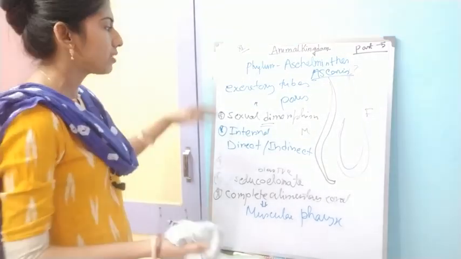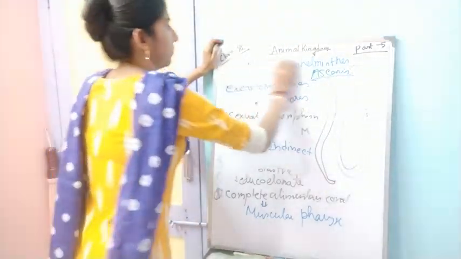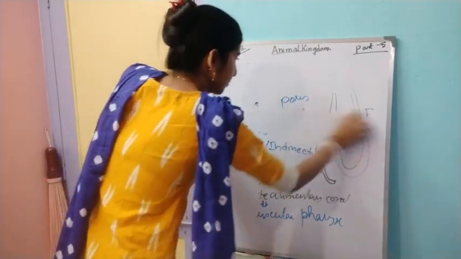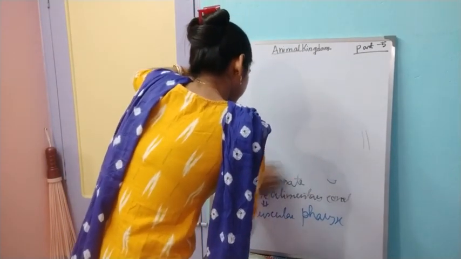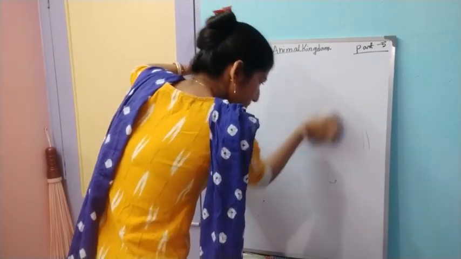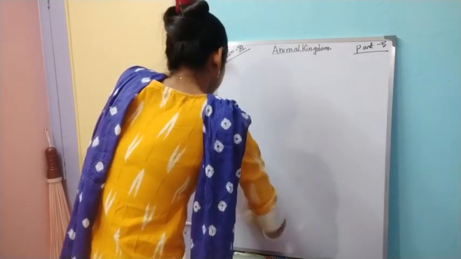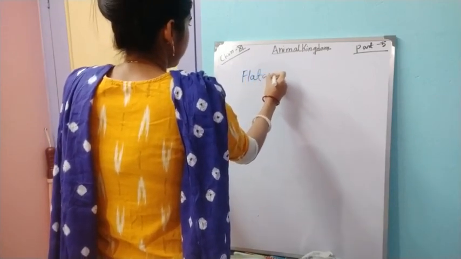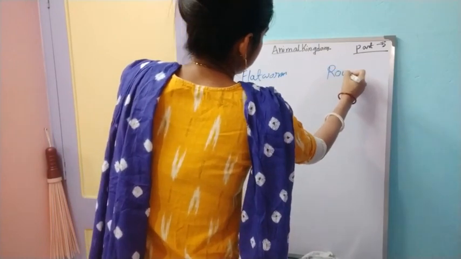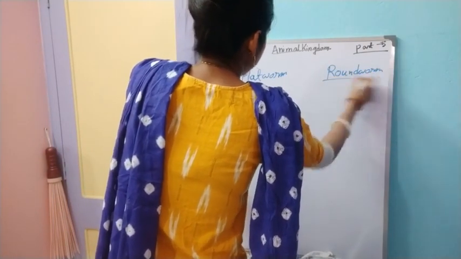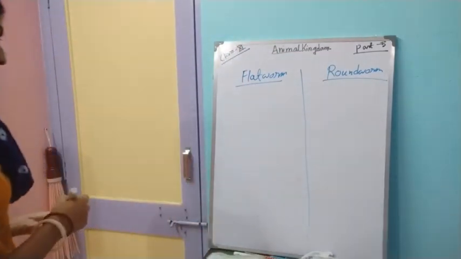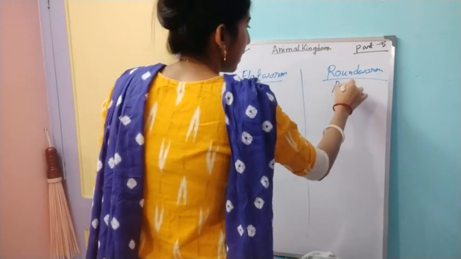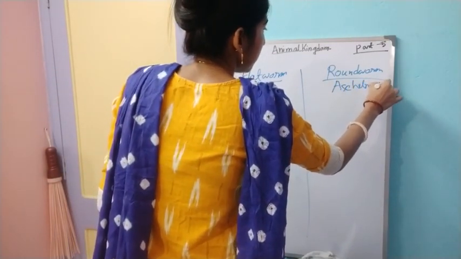Now we will see the difference between the roundworm and flatworm. So what will be the differences? Flatworms belong to the group Platyhelminthes, and roundworms belong to the group Aschelminthes.